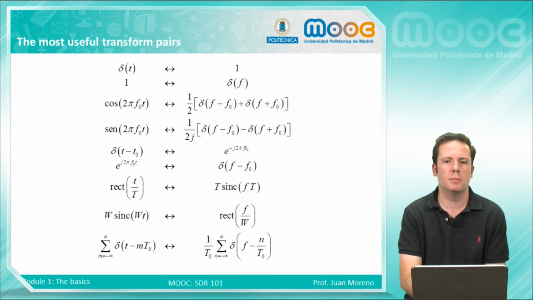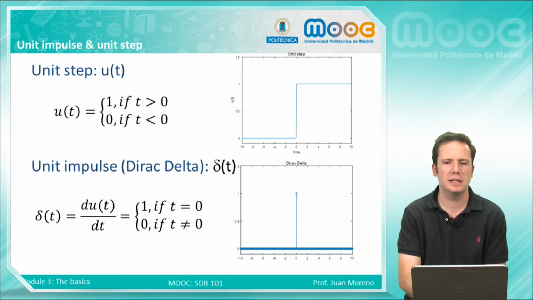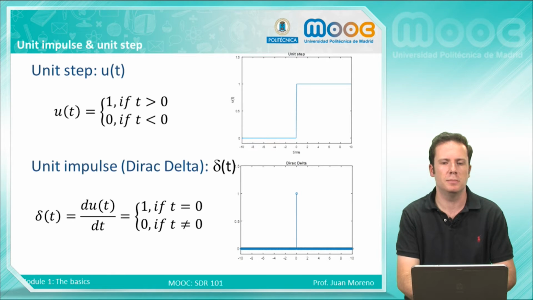These are the most useful transform pairs. Please let me first introduce two of the most common signals in this domain. This is the unit impulse, also called the Dirac delta. It's a signal whose value is always zero, but at 0 its value is 1.